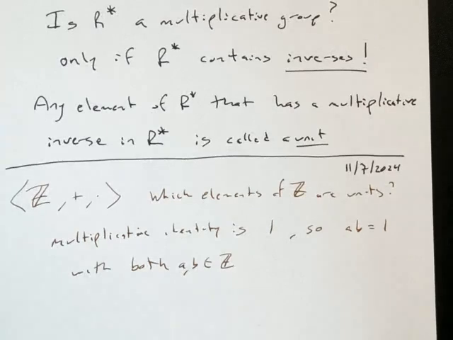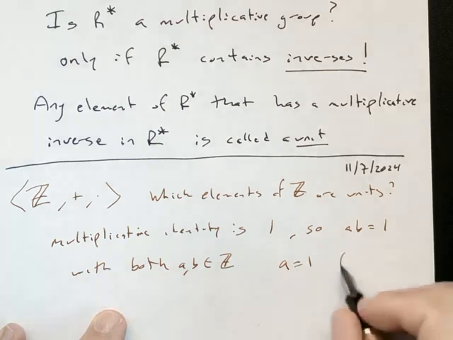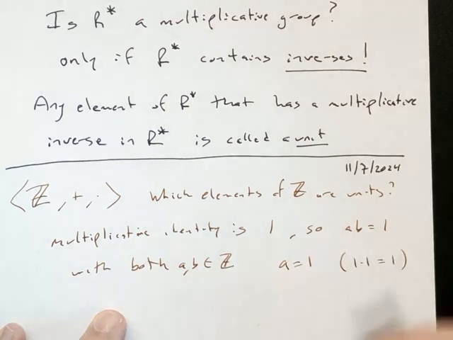Do 1 and 1 and then negative 1 and negative 1. Are there any other integers that work?